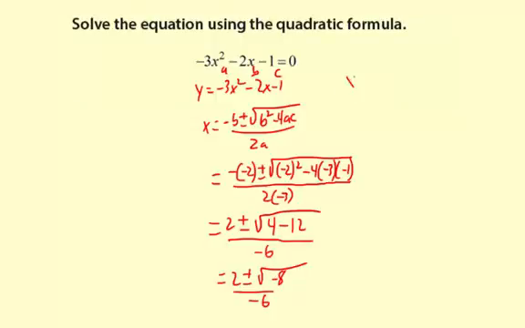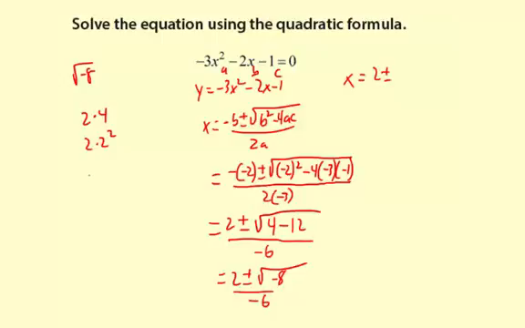So continue simplifying. x equals 2 plus or minus. Now the square root of negative 8, let's write that over here on the left. Now 8 is 2 times 4, so I can take a 2 out of the radical. In other words, 2 times 2 squared.